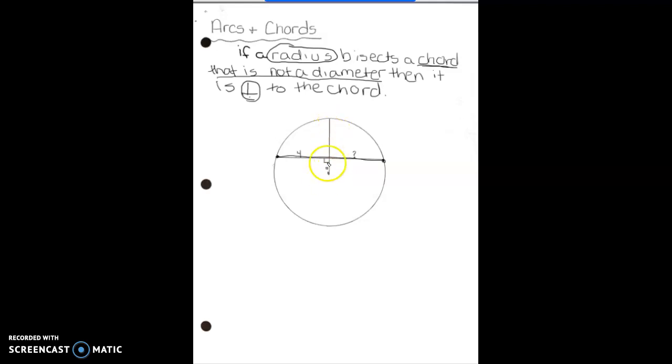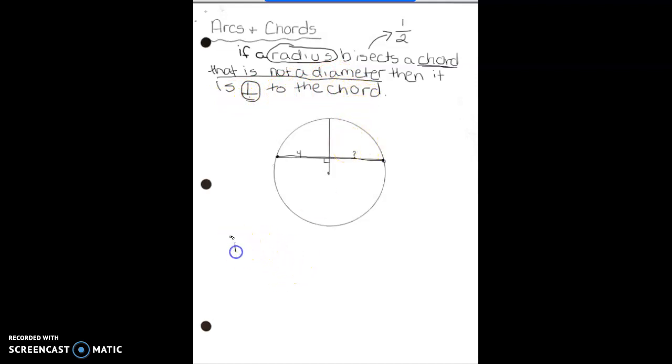So if it's a radius and a chord and you have a right angle, then it bisects it. Well, what's the word bisect mean? Bisect cuts in half, right? Two parts. Bisect cuts in half. So if a radius bisects a chord that is not a diameter, then it is perpendicular to the chord.